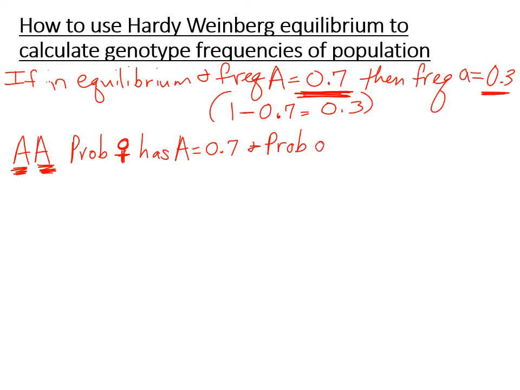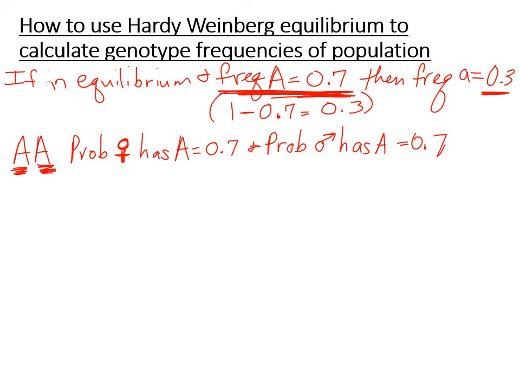Well, that's also 0.7, right? Because we said for this equation, the frequency of capital A is always 0.7. So the probability that that second allele has a capital A is 0.7.